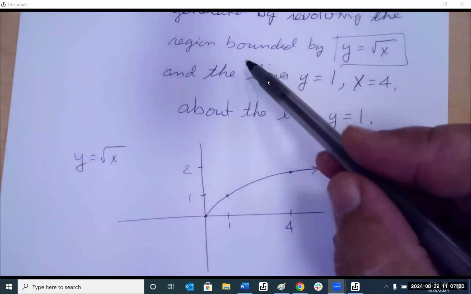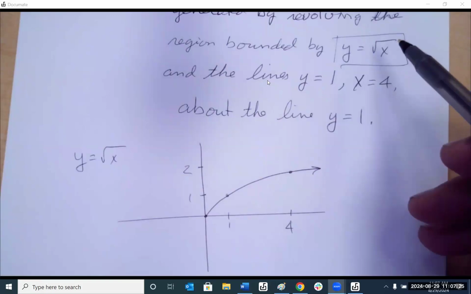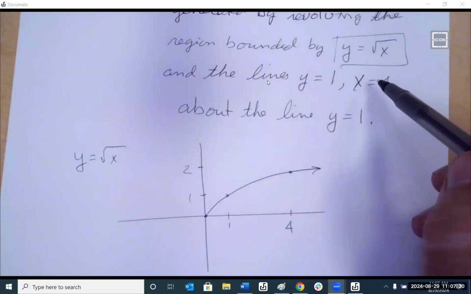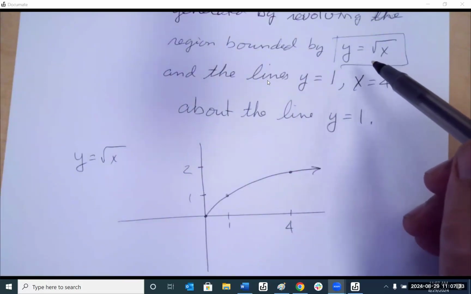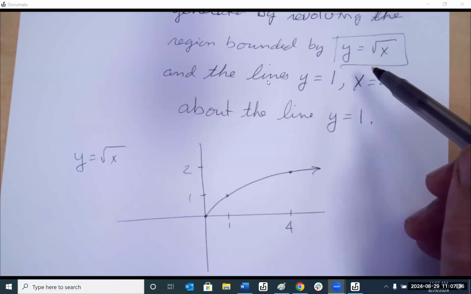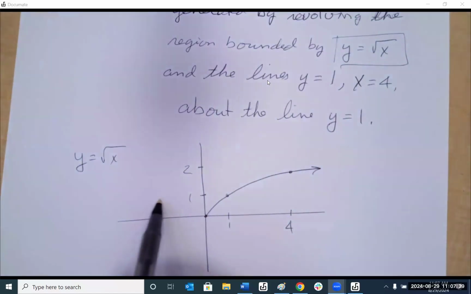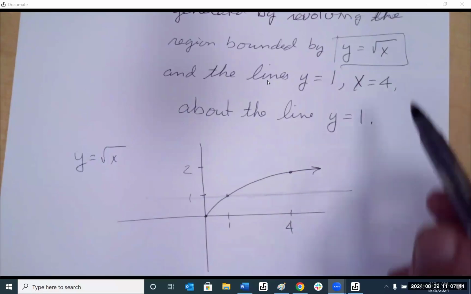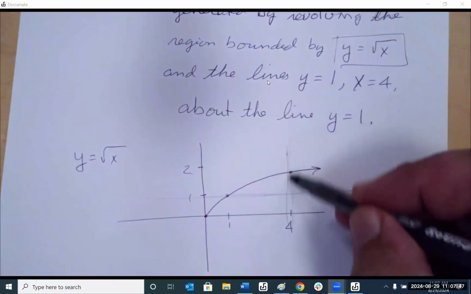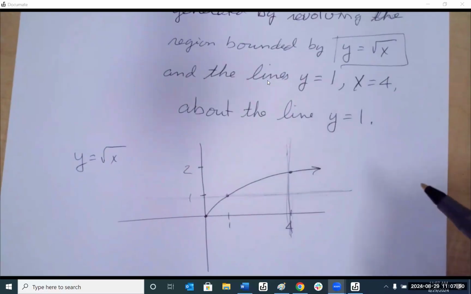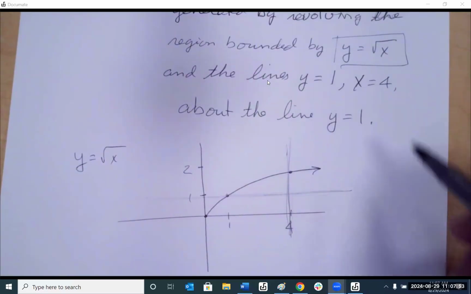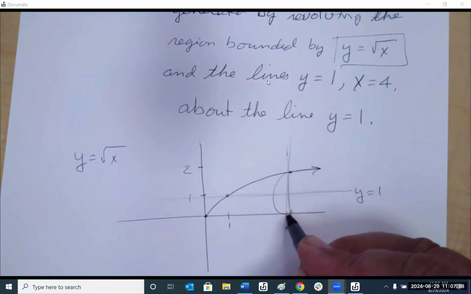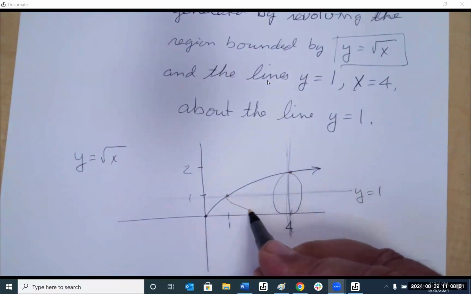So revolving the region bounded by the function y equals radical x and the line y equals 1. What does the line y equals 1 look like? It's a horizontal line through there. The line x equals 4 is that one. About the line y equals 1. So this is the line y equals 1, and we're going to rotate this part.